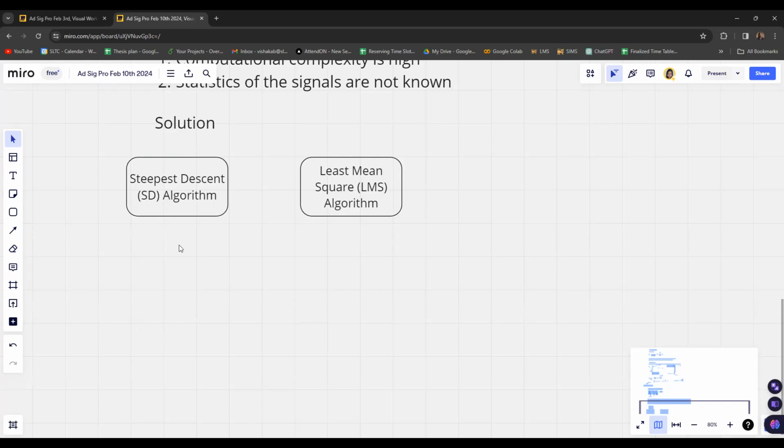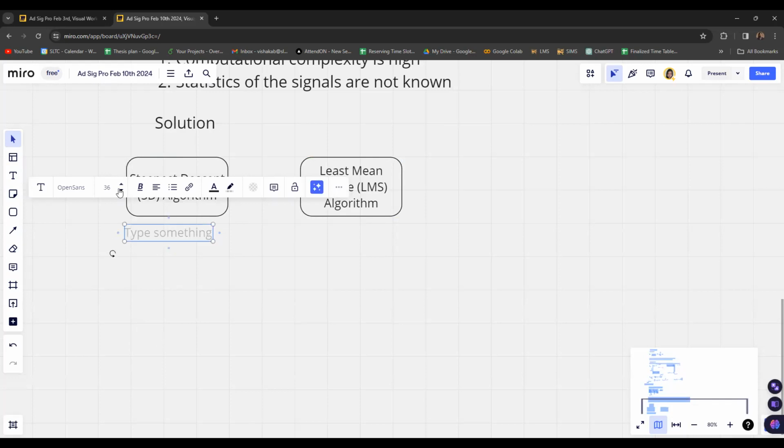There are advantages and disadvantages of both algorithms. The advantages we will discuss first. The steepest descent algorithm is simpler and solves the problem of complexity.